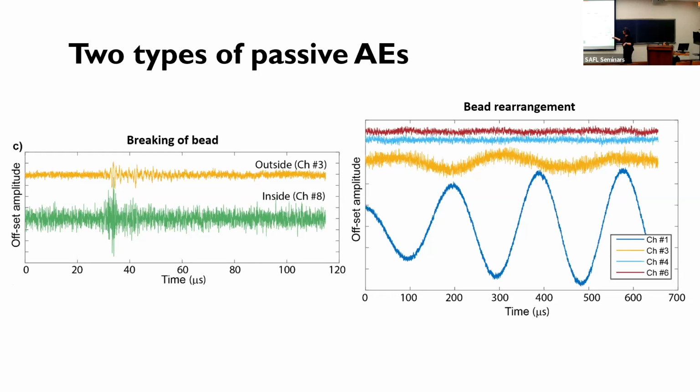No big surprise, of course, the signal recorded on the outside is a lot smaller because the waves need to travel through the container that contains the experiment, but they are here at the same time, so that seems to be all working pretty nicely. And we would interpret this as the actual fracturing of a hydro orb within. So this is what we were hoping to be able to record.